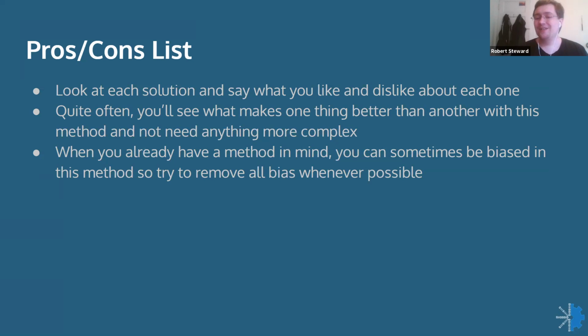Now, sometimes pros and cons lists are good, but you'll find that they aren't always going to be good enough. So we'll go into some more complex methods of coming up with decisions after this. This is something to keep in mind with all of these decision-making methods: when you already have a solution that you think, this is the one that I want to do, you'll typically be biased. You'll see it more in pros and cons lists than in some of these others.